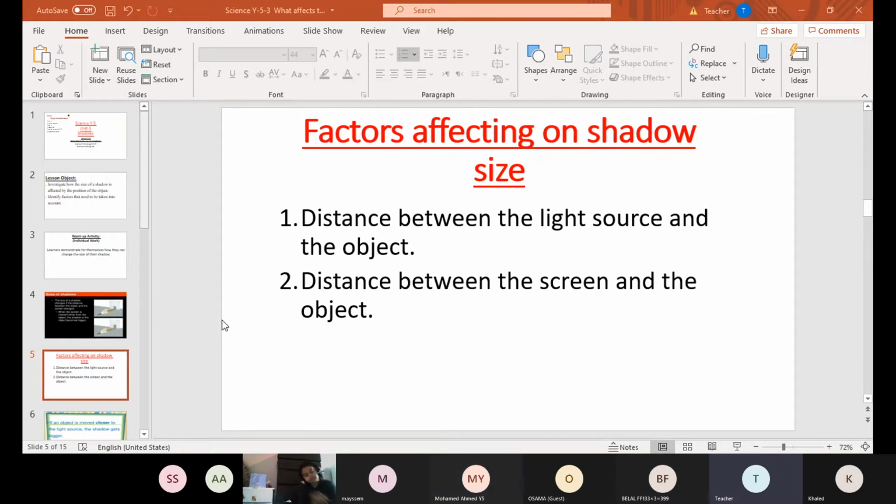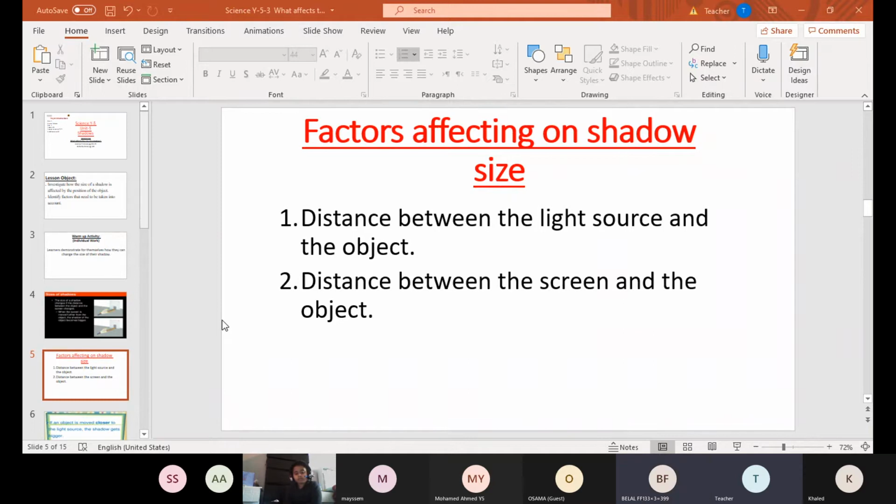Like the screen is constant now, so what is the moving thing? That is the object. Secondly, we can keep the light source constant, and just move the object near to it, away from it.